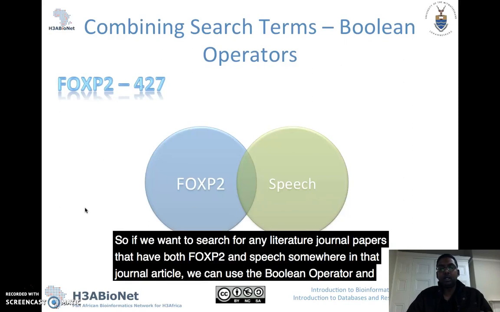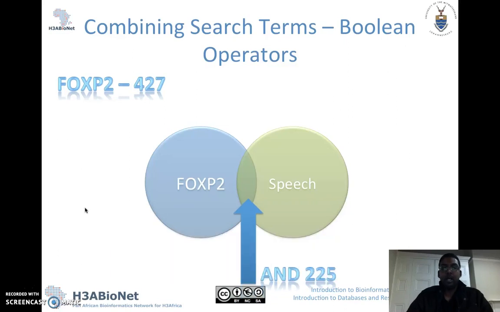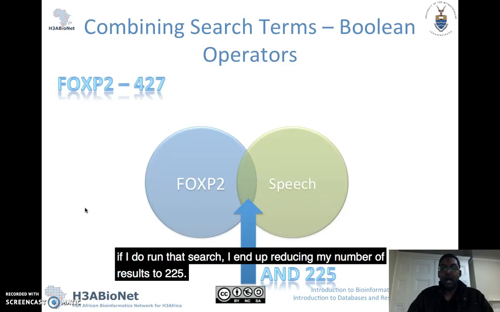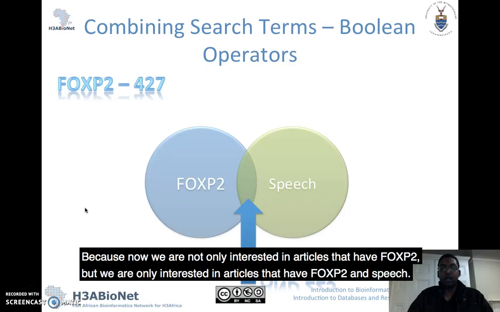So if we want to search for any literature, journal papers that have both FoxP2 and speech somewhere in that journal article, we can use the Boolean operator AND, okay. And if I do run that search, I end up reducing my number of results to 225, because now we are not only interested in articles that have FoxP2, but we are only interested in articles that have FoxP2 and the term speech.